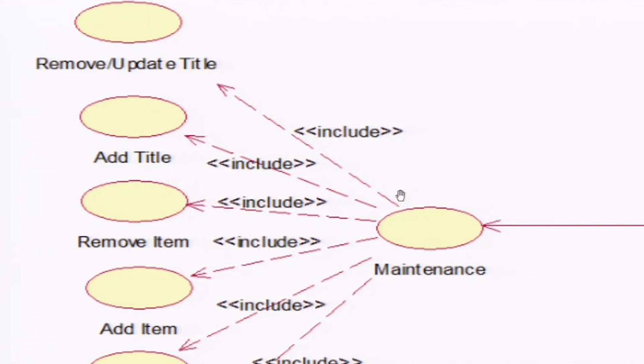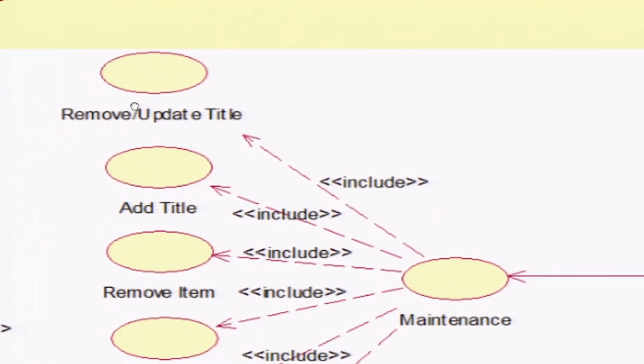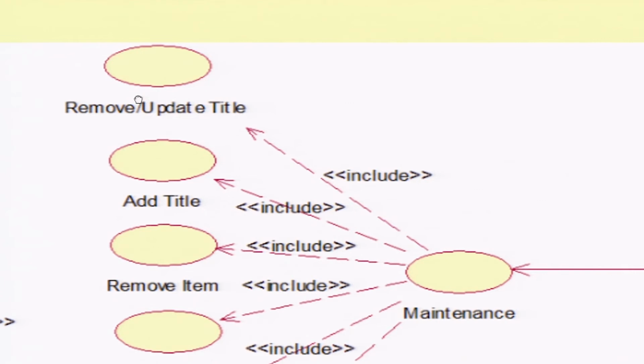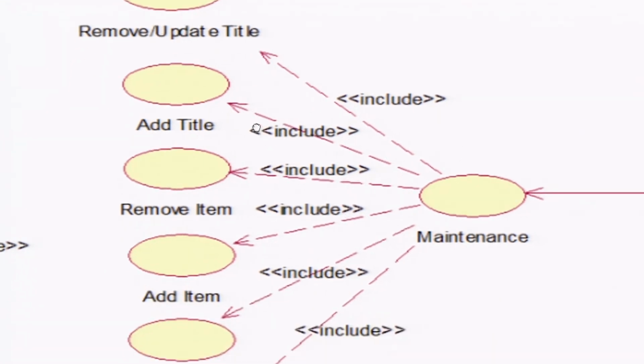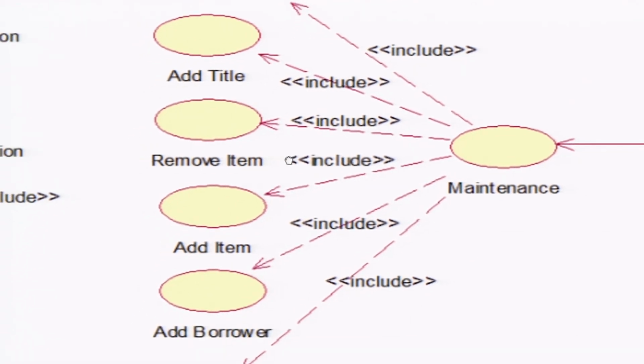So in this system he will be updating the title with the newer volumes or newer versions of that particular textbook available, or he may even have access to remove the old titles. Then he will be adding the new title with new author names. He has access to remove the item too.